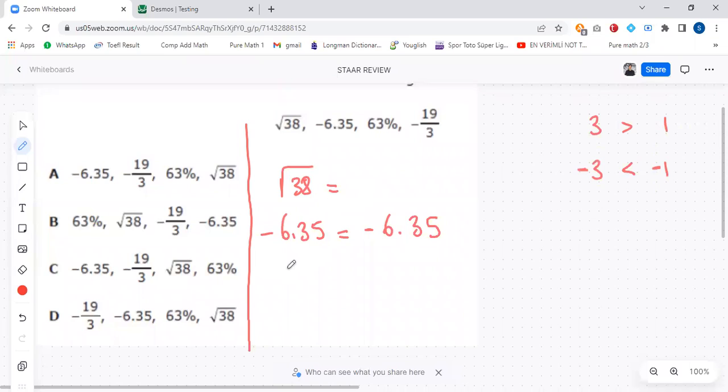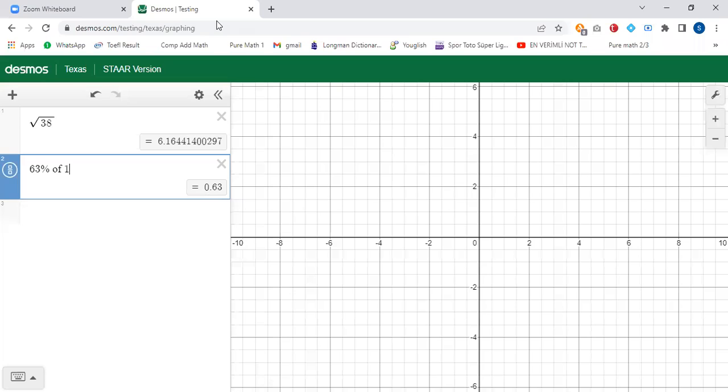So 63% is 0.63. Also, what you can do is 63% means 63 divided by 100. Whenever you see percent, that means dividing by 100. So you can just divide 63 by 100 in your calculator. 0.63.